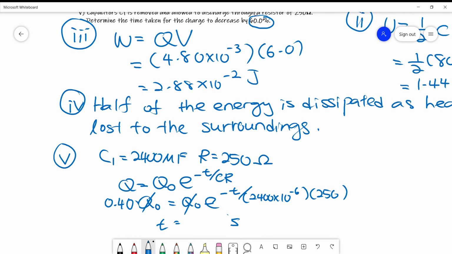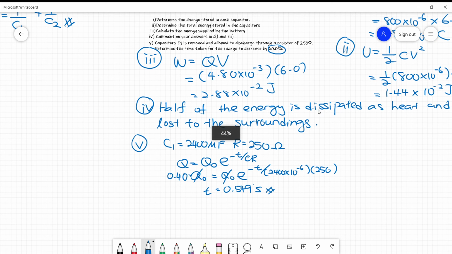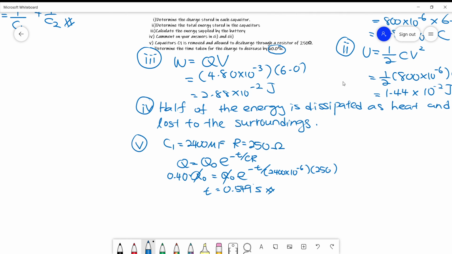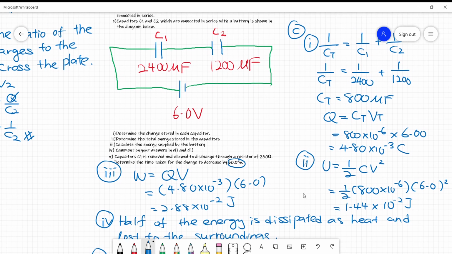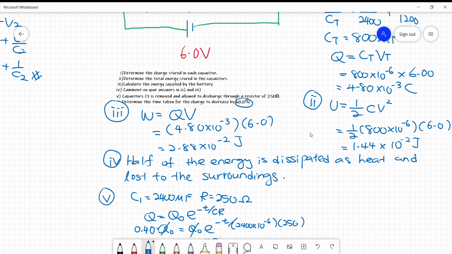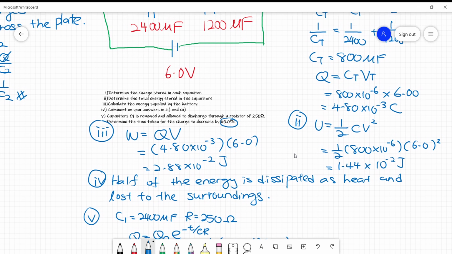0.4 times negative 2400 times 10 to the power negative 6 times 250. So the final answer is 0.549 seconds. This is the time taken. Alright, so this is how we calculate and the technique of answering the questions of the capacitor chapter.